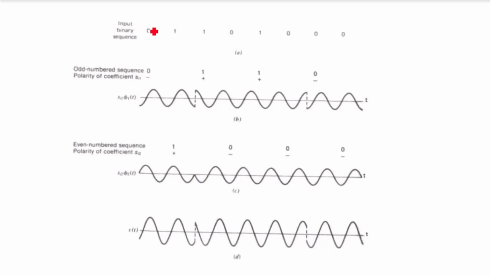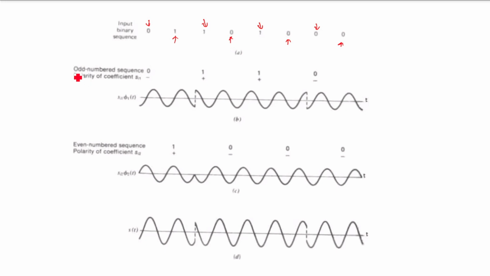Now the upper BPSK will work on the odd-numbered bits, and the lower BPSK will work on the even-numbered bits alternately. So the upper BPSK will take the odd-numbered sequence 0 1 1 0, and the lower one 1 0 0 and 0.